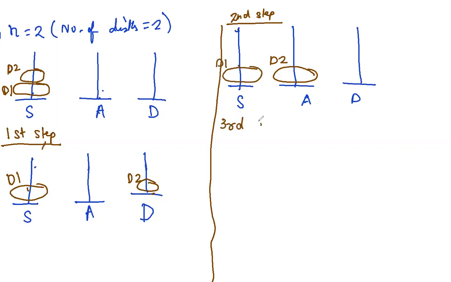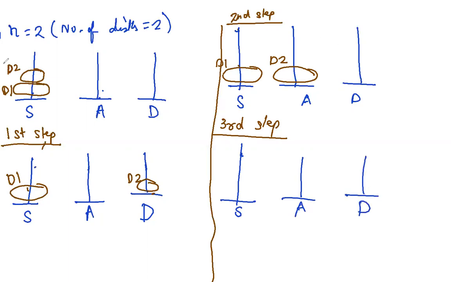In the third step, this is S, this is A, this is D. So with my pegs, I can move disk D1 to D, and D2 remains here.